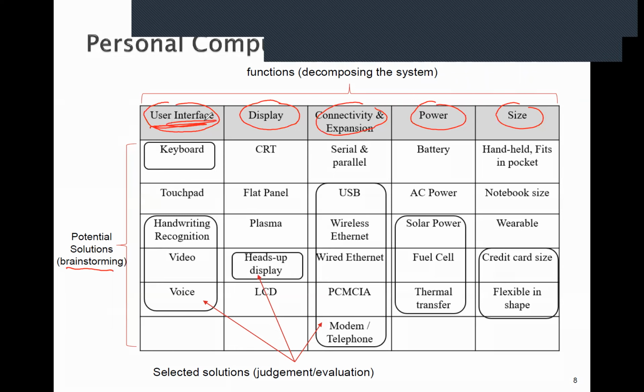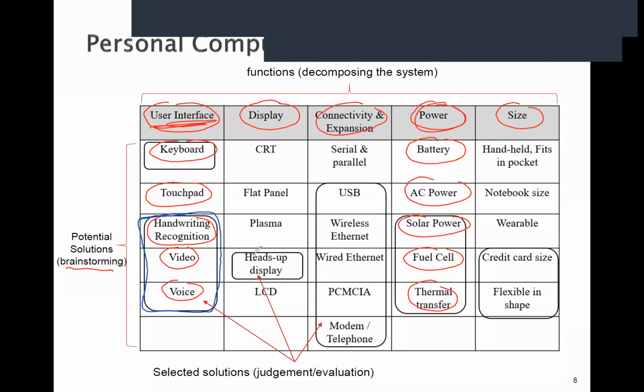For example, for user interface, keyboard, touchpad, writing recognition, video and voice could be the solutions. On the other hand, for power, we may use a battery, AC power, solar power, fuel cell, thermal transfer.